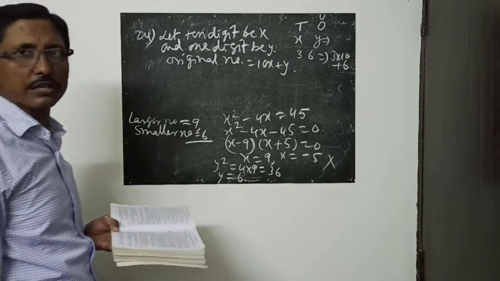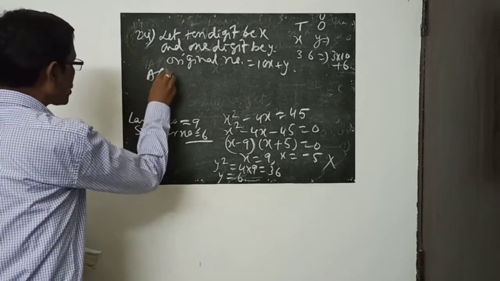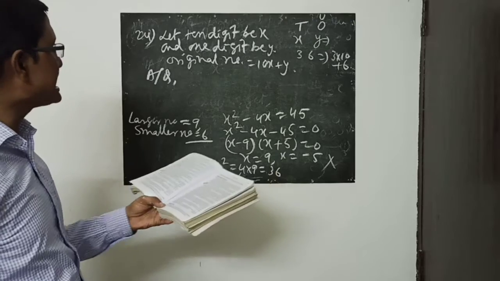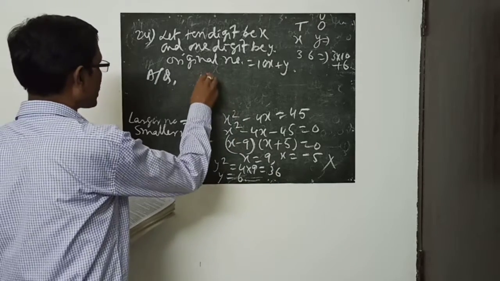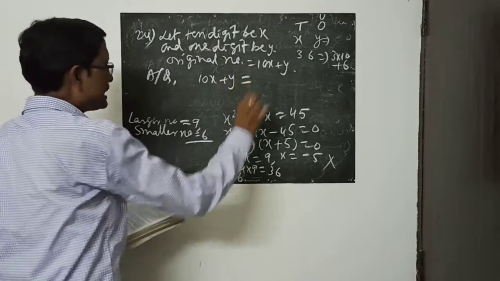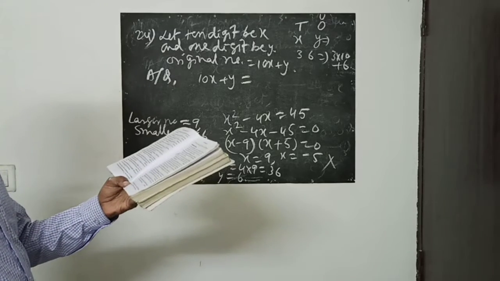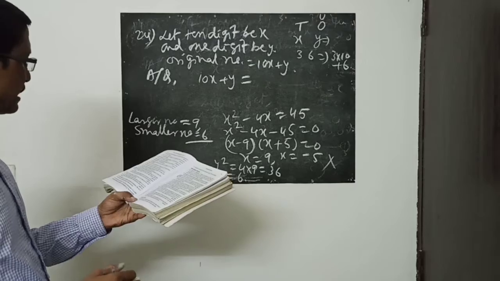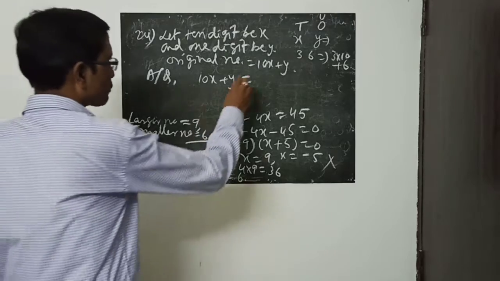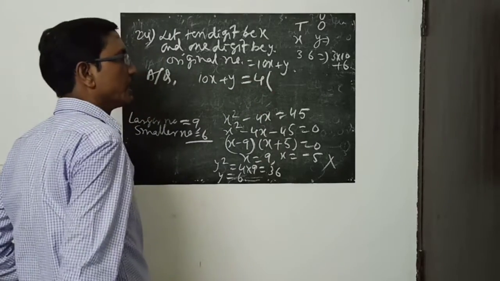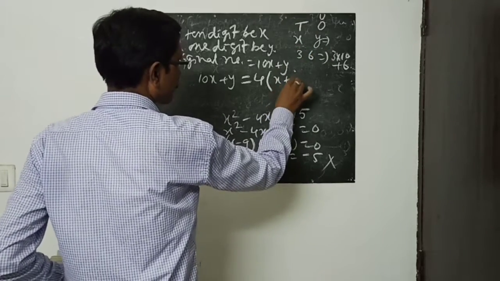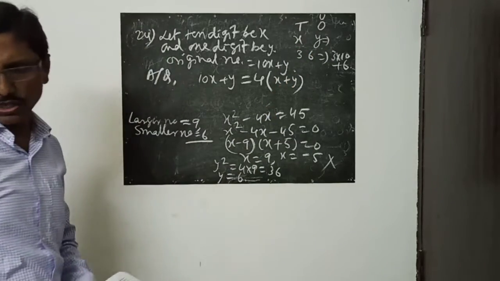First, you will do this one, then go through the conditions according to the question. The 2-digit number, which one? 10x plus y is equal to 4 times the sum of its digits. 4 times means 4 into the sum of the digits. Which are the digits? x and y are the digits. First you got this one.